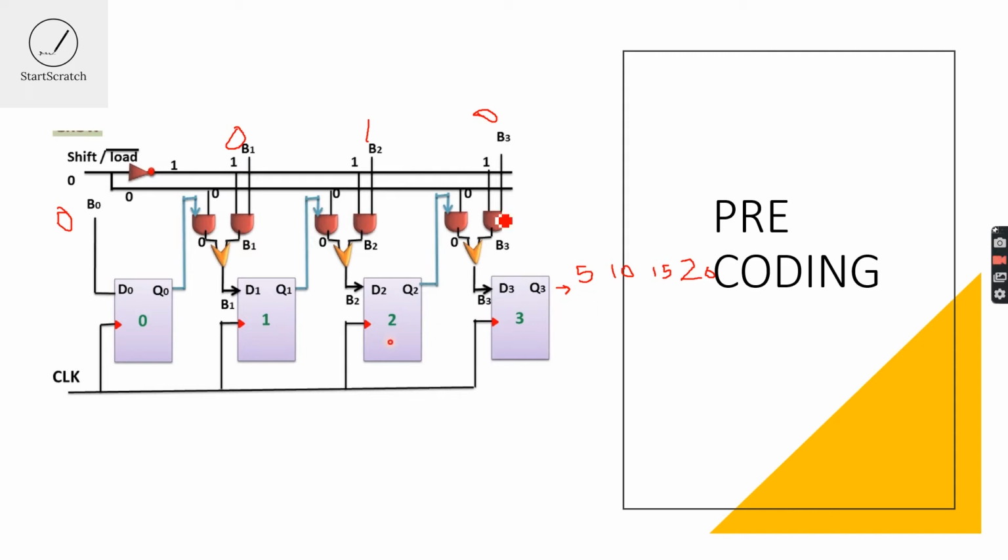At the first clock pulse I will be getting B3 as an output, that is 0. At the second clock pulse I will be getting B2 as my output, that is 1. At the third clock pulse I will be getting B1 as my output, that is 0. At the fourth clock pulse I will be getting B0 as my output, that is 0.